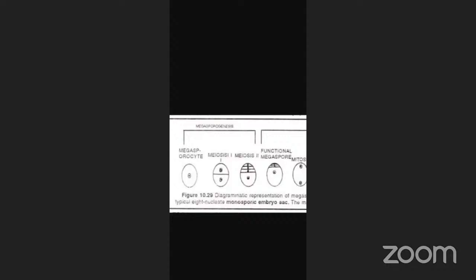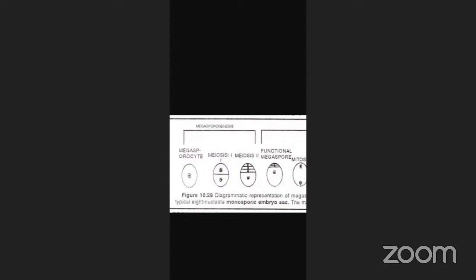So instead of the 3 divisions occurring in the Polygonum type, here the organization of the mature embryo sac is the egg apparatus and a uninucleate central cell.